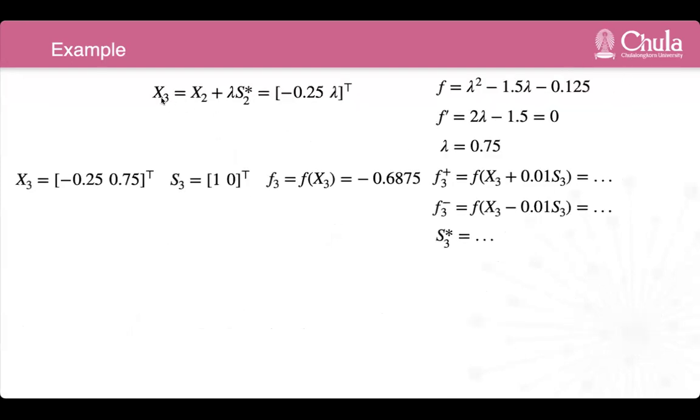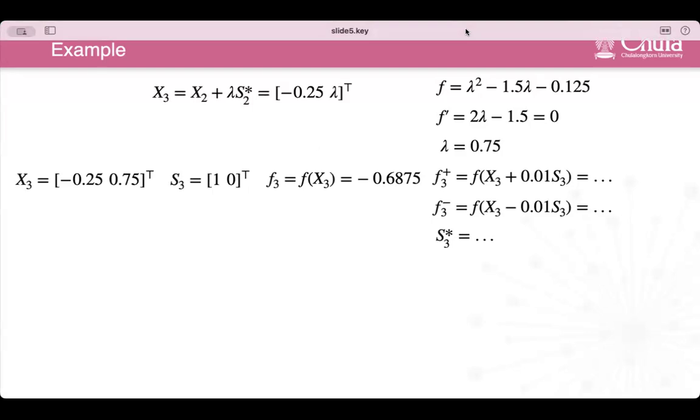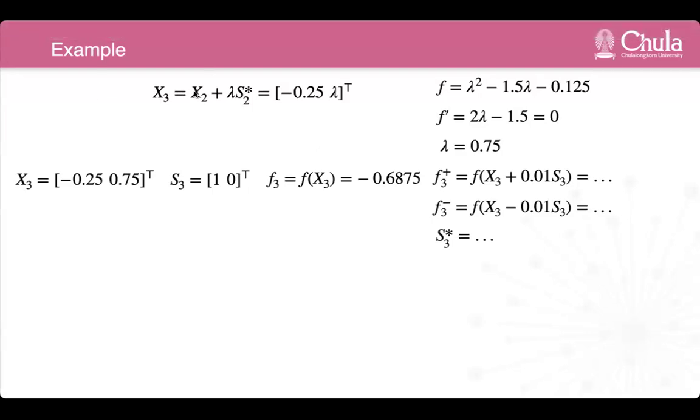So we write x3 as a function of lambda. x3 is x2 plus lambda s2 star. We know s2 star already. s2 star is positive 0, 1, right? And what is x2? x2 is minus quarter and 0.